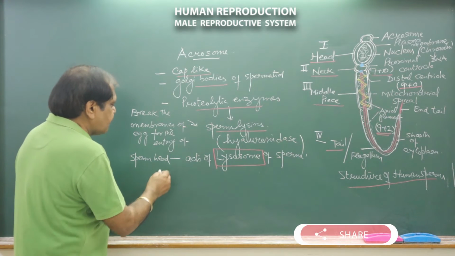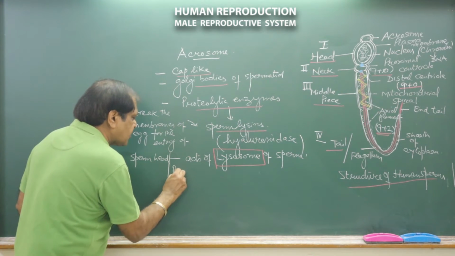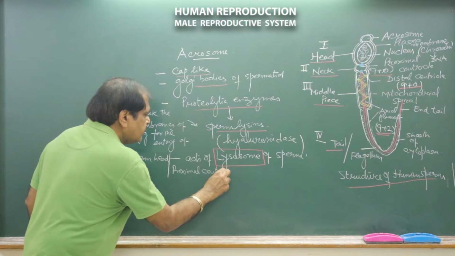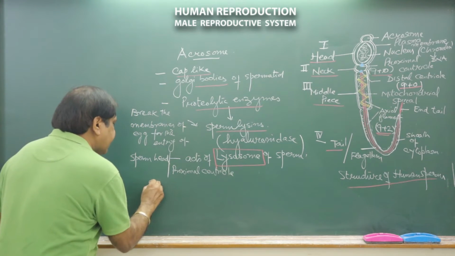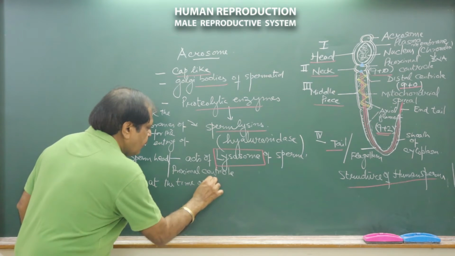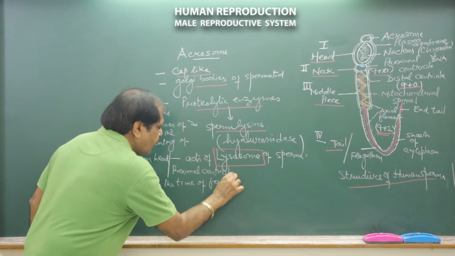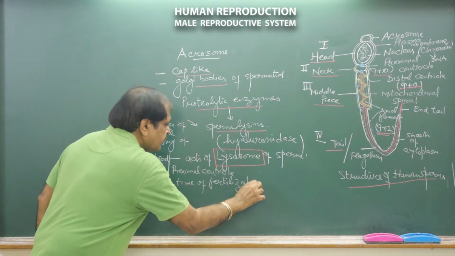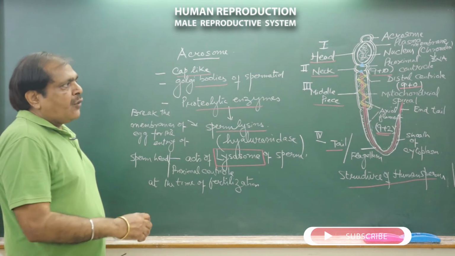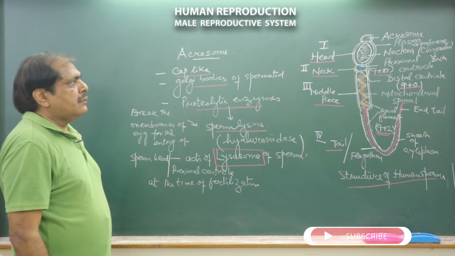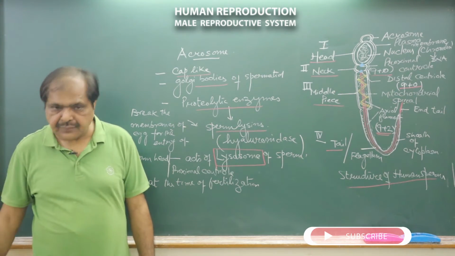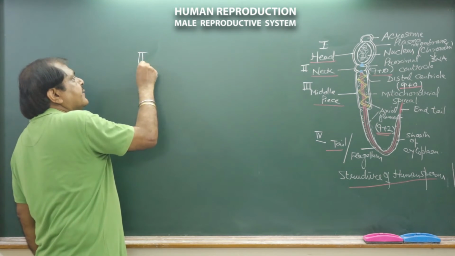They break the egg membrane for the entry of the sperm head and proximal centriole at the time of fertilization. Now we come to the neck region. One is the head, second is the neck.